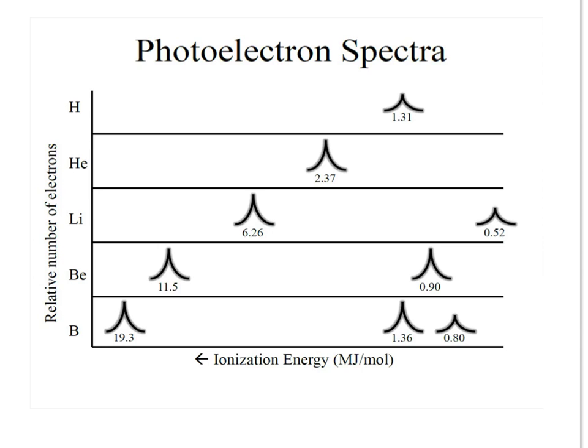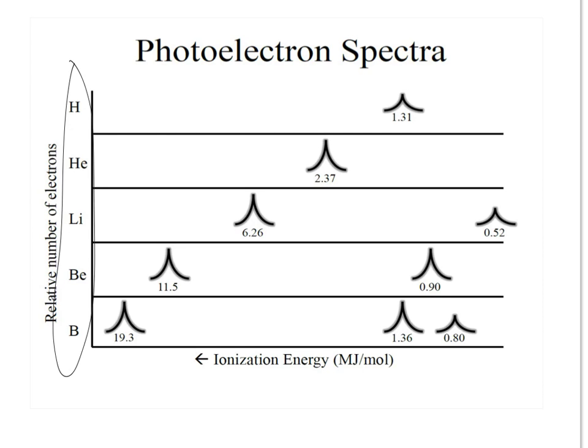So here is PES data from 5 different elements. Usually when y'all look at this for practice problems and stuff, you'll have one spectra and you'll only have one atom on here, one type of element on here, but I wanted y'all to see it all at once. Okay, so the ionization energy on these graphs increases from left to right.